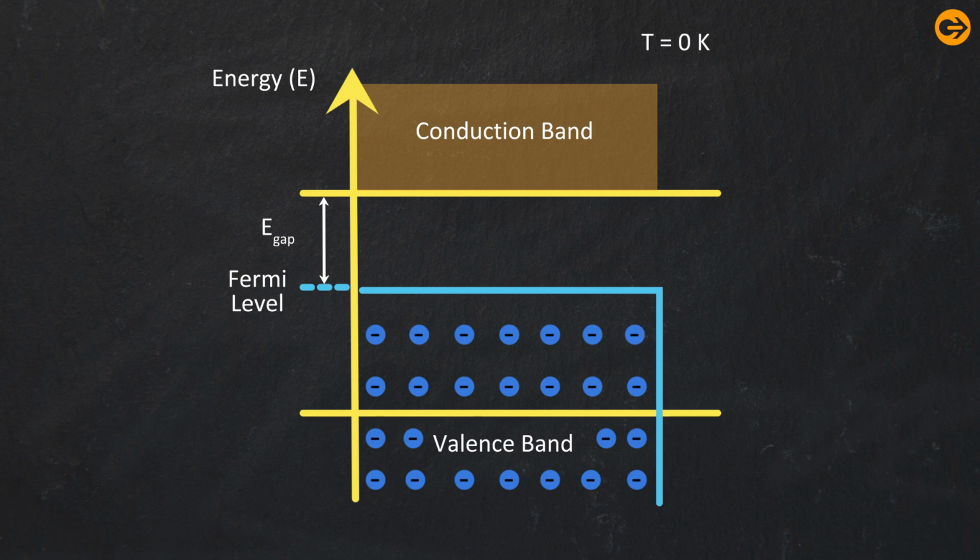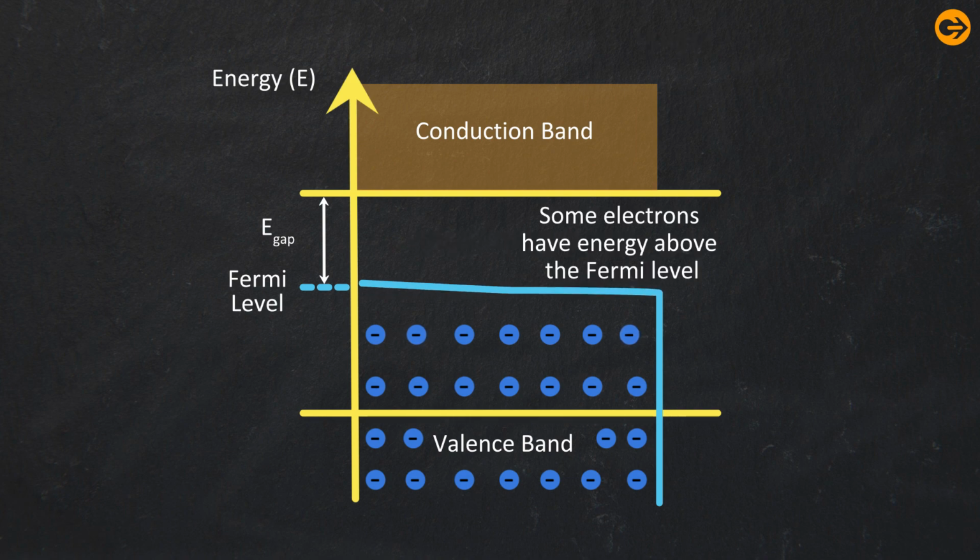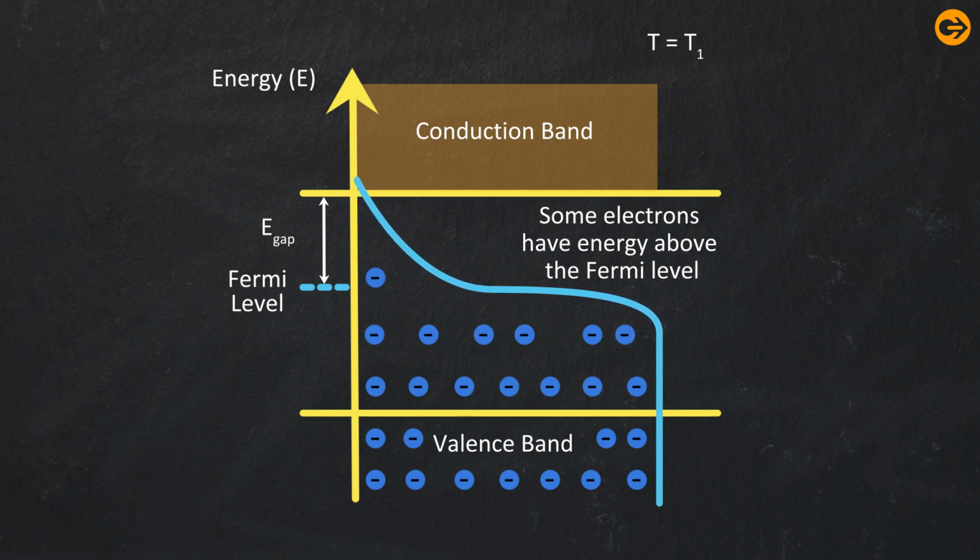Let's consider two temperatures as T1 and T2, which are greater than the absolute zero temperature. Also, T2 is greater than T1. Now, if we start increasing the temperature until it comes to T1, that is, T is equal to T1, we can see that a part of the Fermi level is engrossed towards the conduction band.